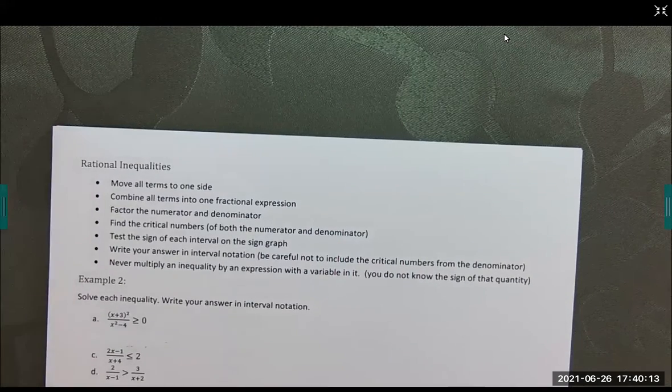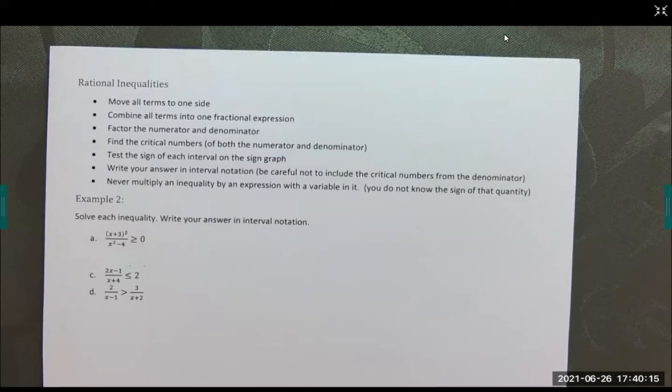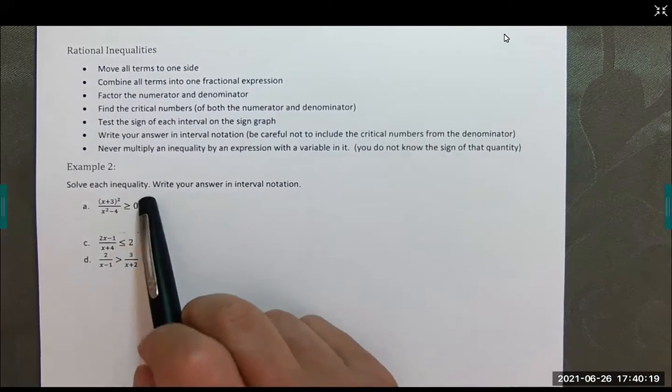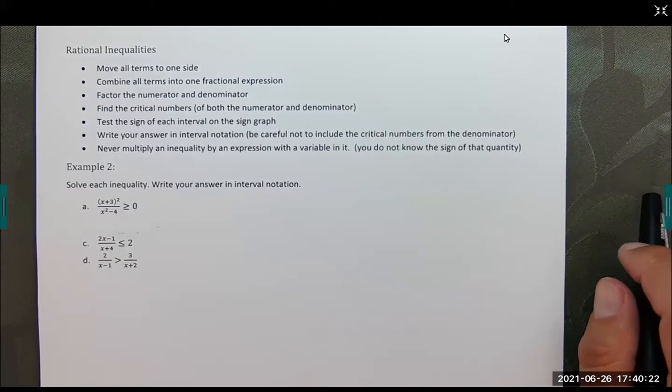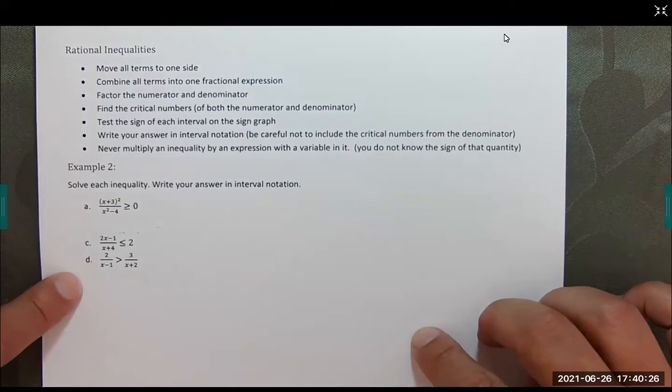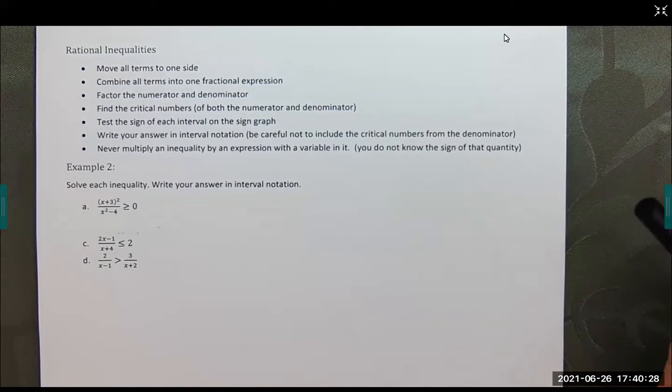Let's go through the list here. Move all the terms to one side, meaning we need a 0 over here. Combine all like terms in one fractional expression. That won't apply to the first one, but will for the second two. Factor the numerator and denominator, find the critical values, that's both numerator and denominator, and test the sign within each interval. This is going to be easier for me to just show you.